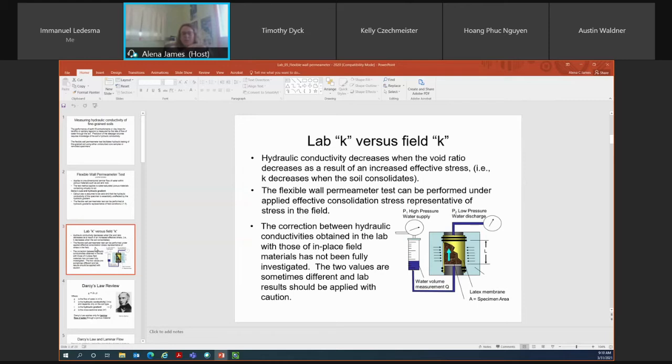You may have some laminations within your clay that have higher hydraulic conductivity than the clay specimen that you took, either through the Shelby tube sample, or, if you made a remolded specimen, the remolded specimen that you prepared. So that's likely one of the reasons why there may be differences in the K value you measure in the lab versus the K value that's actually experienced in the field.